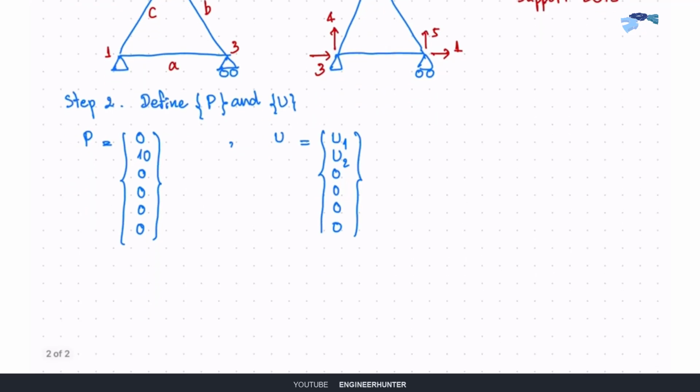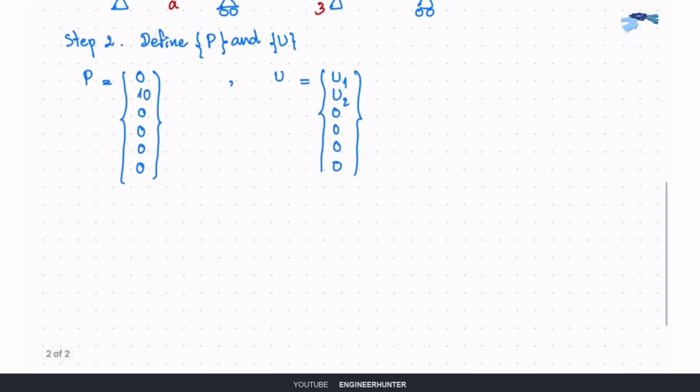So this is the vector u and vector P, and you can divide it like this in order to make the calculation easier. The first part is Pf, and the last part is Po, and this is uf and uo.